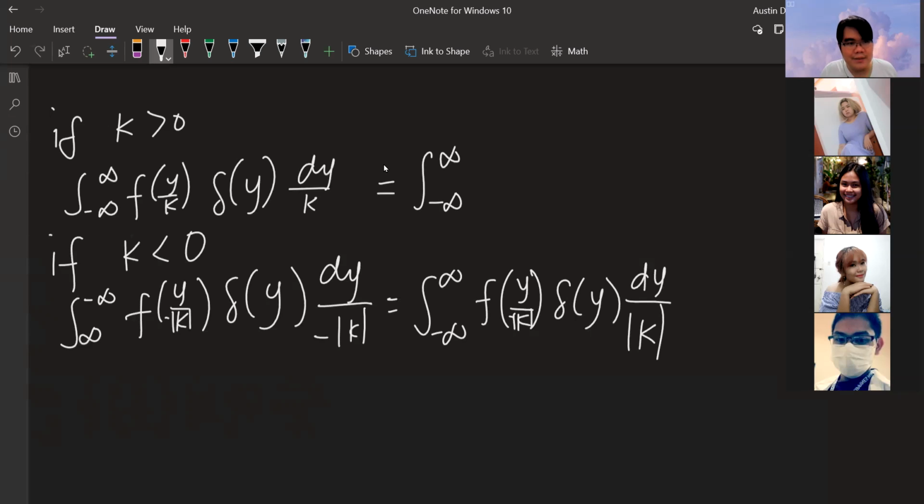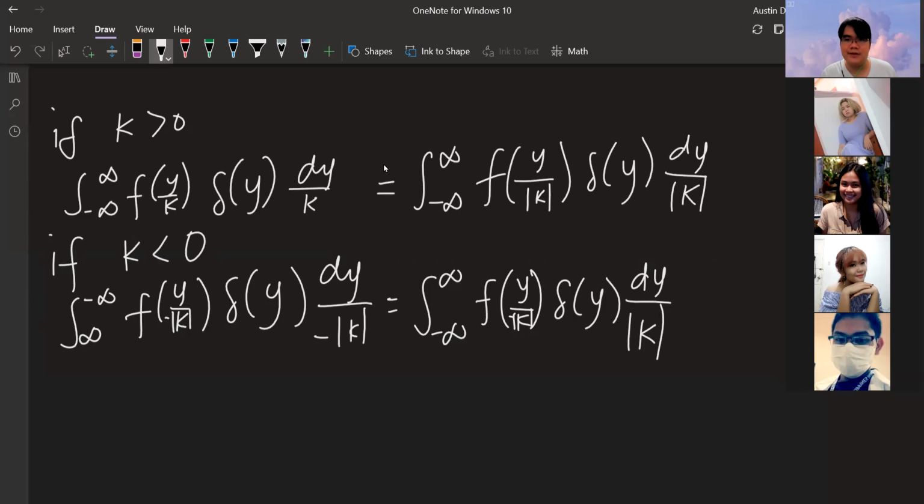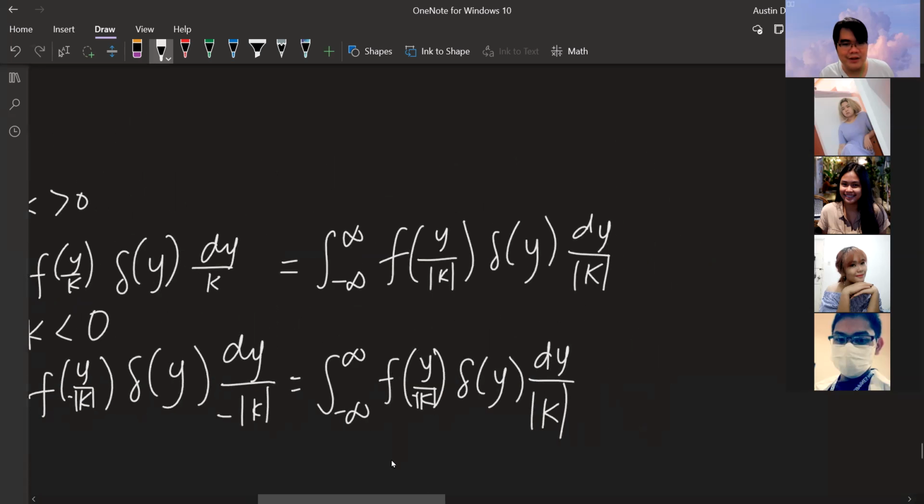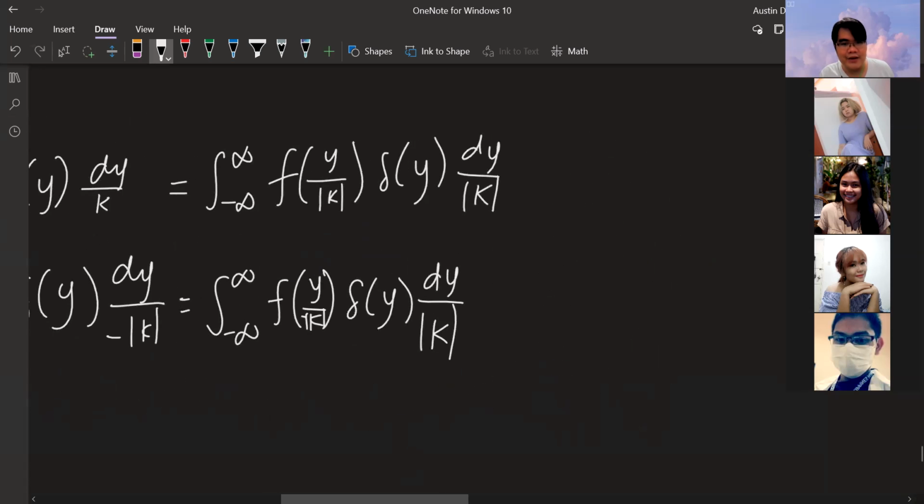Now, does it matter? If k is positive, I can just put an absolute value to that k, since k is positive anyway, right? I can do this freely. dy, since k is positive, I can do this. Are they the same? Not yet. Di pa natin yung same din. Kasi f natin, sir, magkaiba. Wala tayong magagawa din, sir. Ngayon, gagawin ko ngayon yung power ng Dirac delta natin. So when we have this, we know how this works.